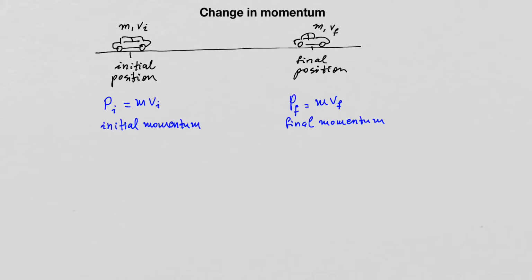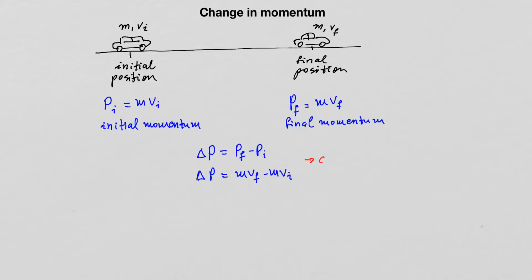So I can calculate the change in momentum by taking the difference between the final value and the initial value. And the change in momentum, delta P, is equal to P final minus P initial. If I wanted to express the change in explicit terms of mass and velocities, then the change in momentum will be equal to the mass times the final velocity minus the mass times the initial velocity.